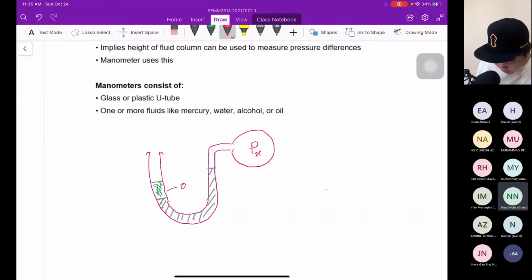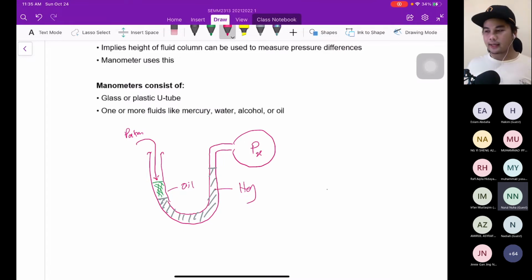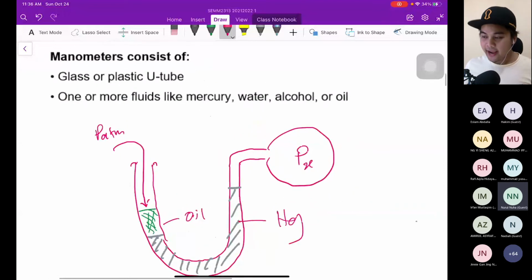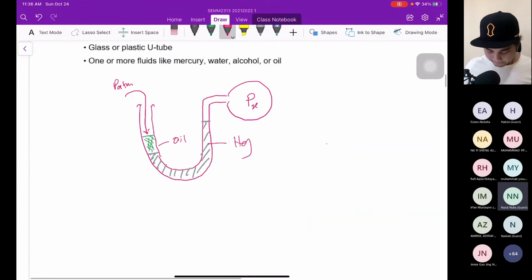So this is oil, this is mercury, and on top of this we have PATM, atmospheric pressure. The PATM will exert pressure here. Remember, our surrounding, which we call atmospheric pressure, exerts on top of the surface. The whole device is what we call a manometer. It is a U-tube shape.